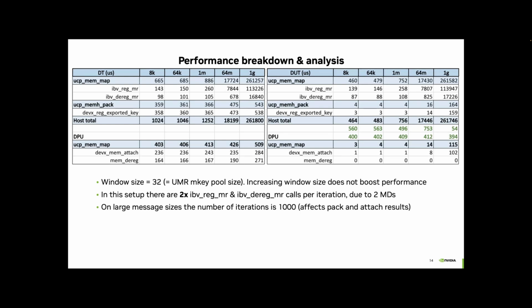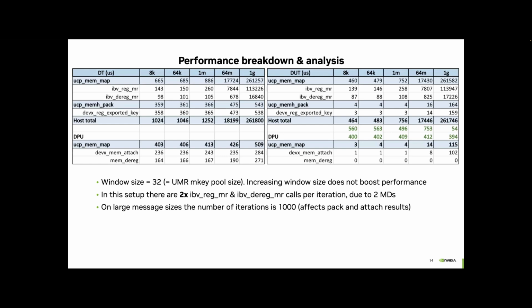And because of that, the UMR key pool grows up to 32 elements. And obviously the corresponding UMR hash map on the GPU side reaches the same size. On the left side of the screen, you can see the performance breakdown for GPU offloading without UMR optimization, and on the right side, the one with UMR optimization.